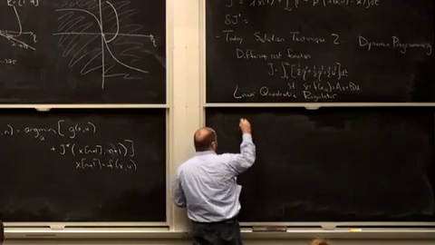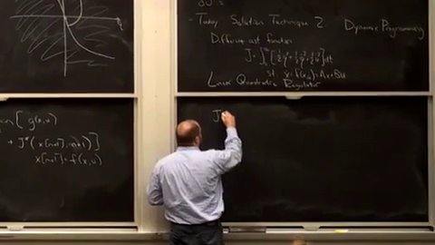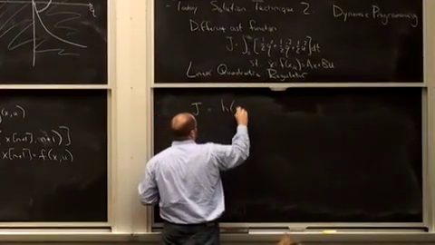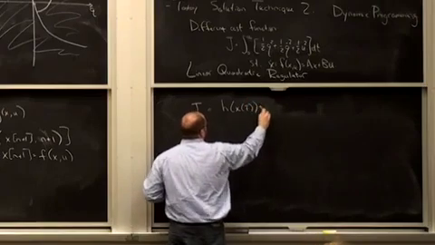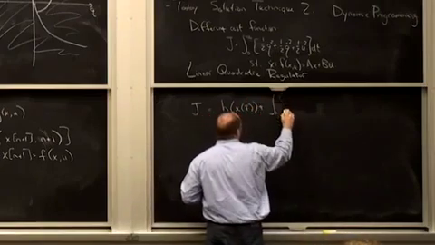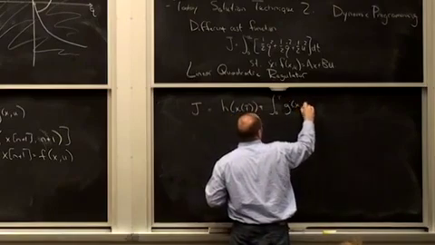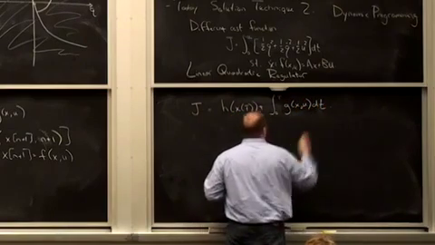Now we've got our cost function again, is h of x at capital T plus the integral from 0 to T of g(x,u) dt.